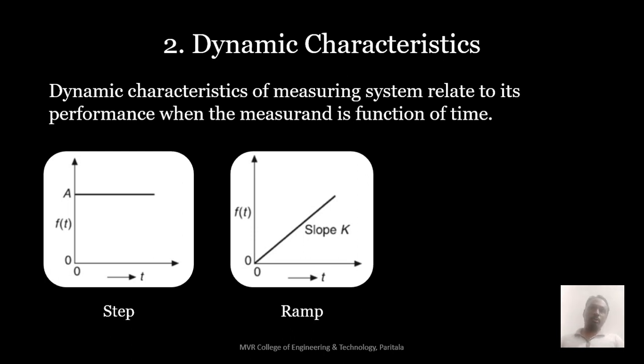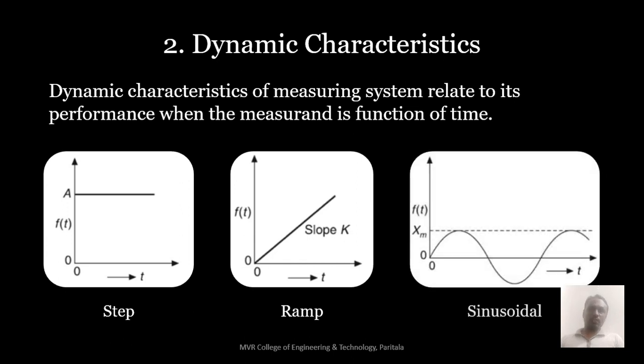For the ramp input, the ratio between the output and input will be the same if it goes through the origin. This is the sinusoidal input, a different function, which is also a function of time. So these three types of inputs we can consider for the measurements: step input, ramp input, and sinusoidal input.